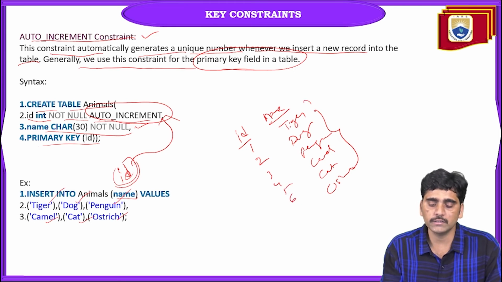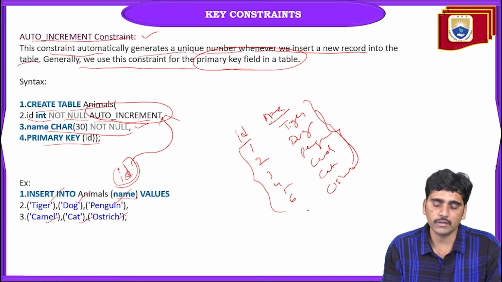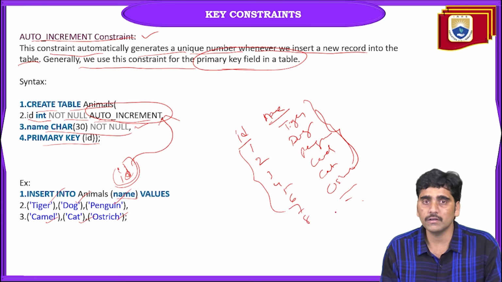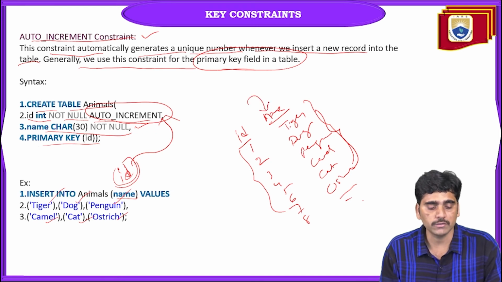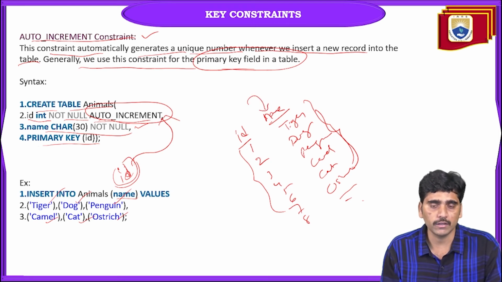If you specify 6 values, it displays IDs up to 6. If you specify 7 or 8, it displays auto increment values 7, 8 and so on. So the auto increment values depend upon the inserted name values. That is how you can understand auto increment.